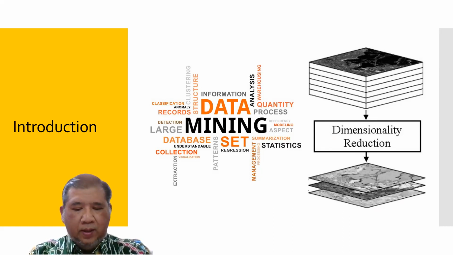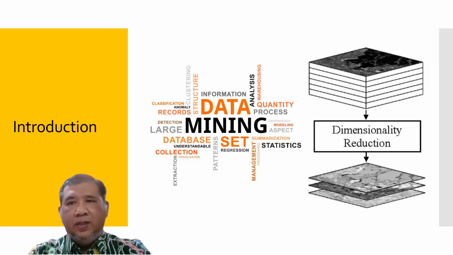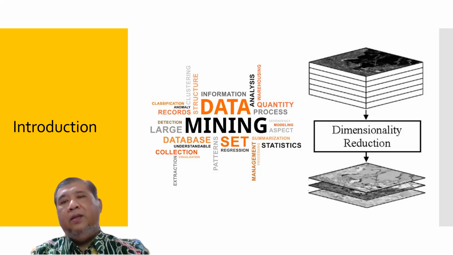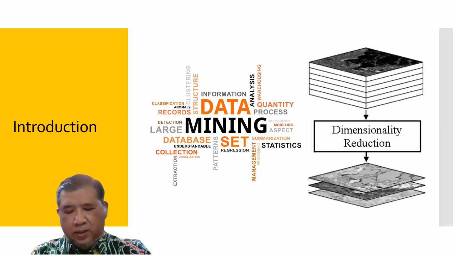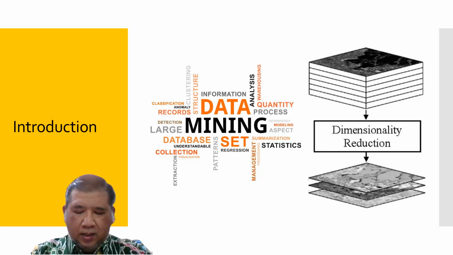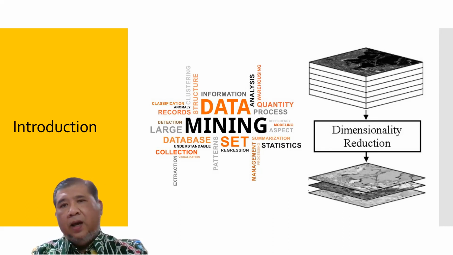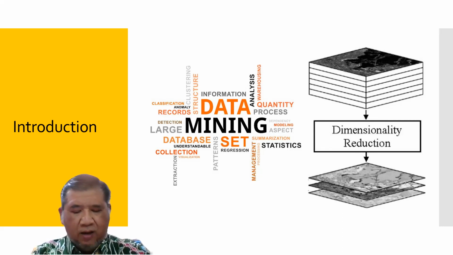To improve the performance of the clustering process on high-dimensional data, it is necessary to reduce the dimension of the data. We know that there are two methods of dimension reduction, which are attribute selection and attribute extraction, of course with the advantages and disadvantages of each method.